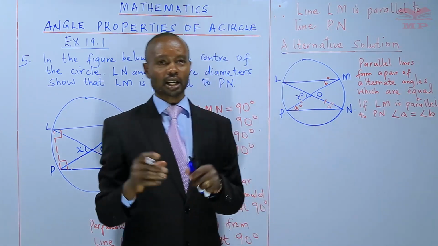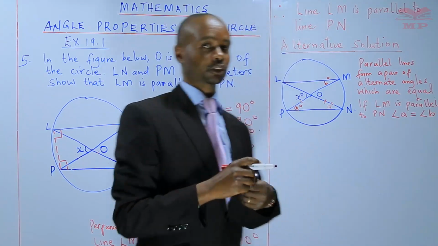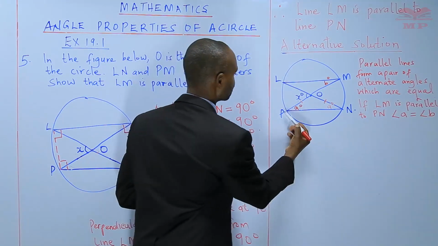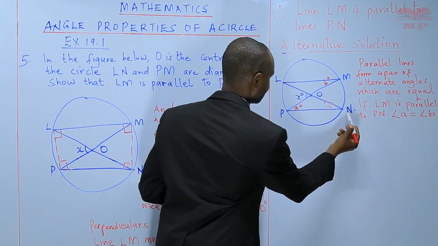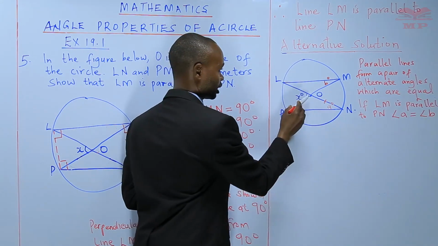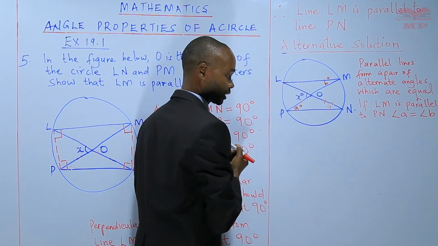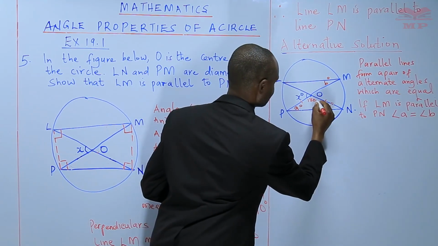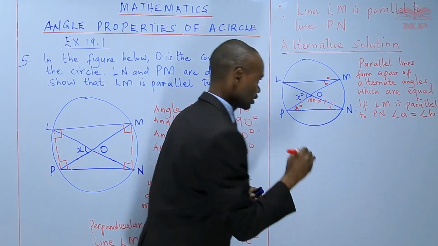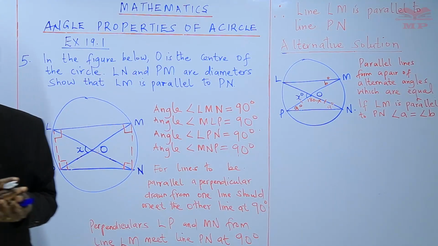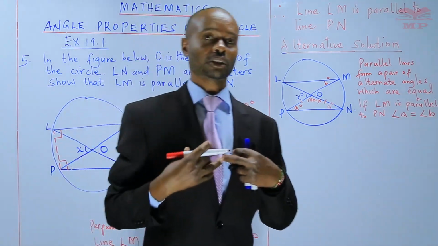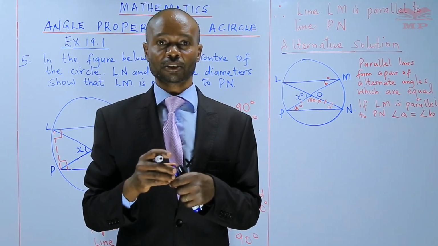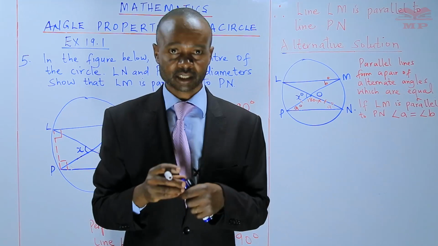There is another angle in the isosceles triangle which we've not got, but x will help us get that angle. That angle is PON. Given that x added to that angle gives 180, the value of PON will be 180 minus x degrees. So we go back to the concept that the three angles in a triangle add up to 180 degrees.